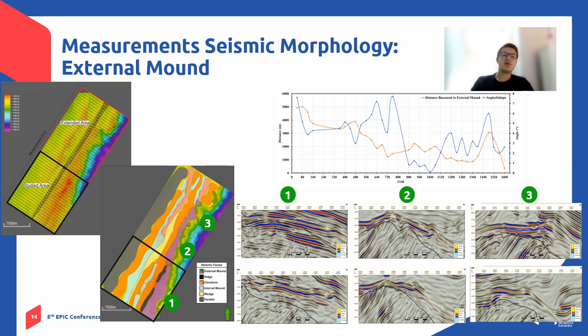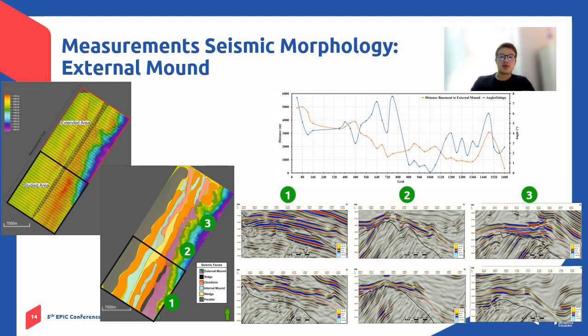The external mound was divided into three members according to a morphometric analysis. In this case, we focus on the distance from the basement and the angle of the onlap of the seismic reflectors. All the morphometrics are shown from the south to the north. Member 1 is characterized by decreasing distance and angles of the onlaps.